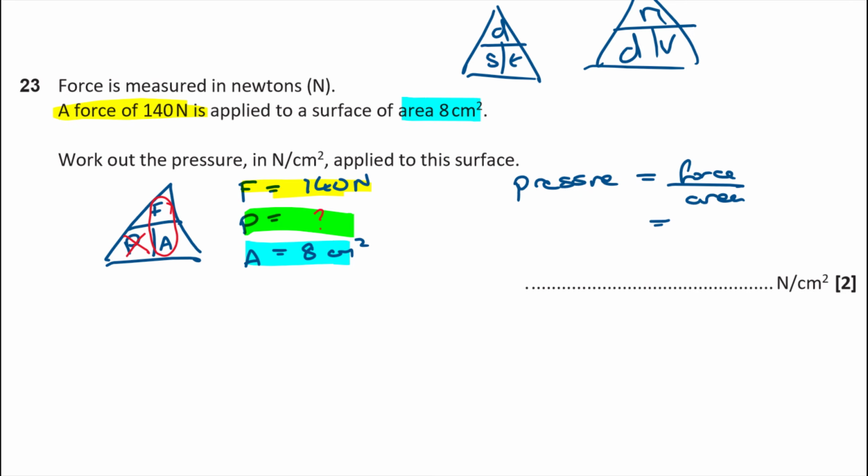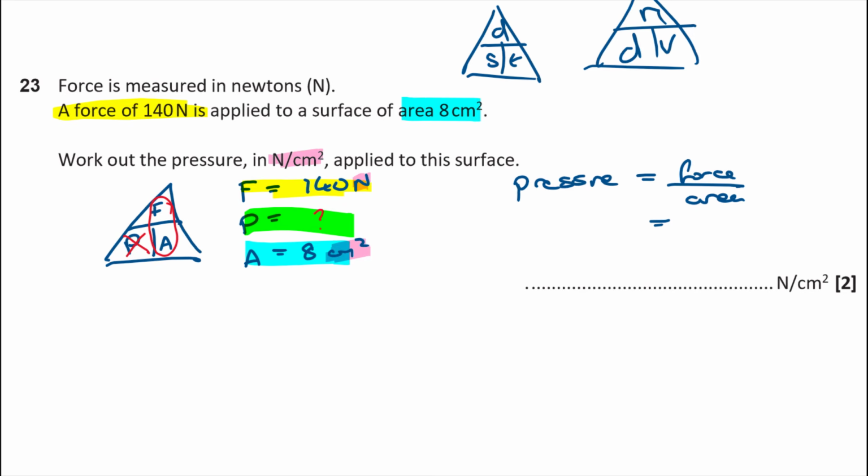Just before we go ahead, I'm going to check the units because it wants us to have the answer in newtons per square centimetre, which means our force needs to be in newtons. It is. And our area needs to be in square centimetres, and now it is. Now, if these weren't matching up, you'd have to do a unit change first before you do the calculation.